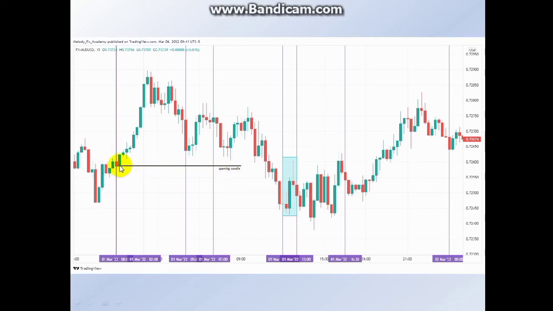Remember I said applying the power of 3, our bias is bullish, and we want to look for our bullish entry at the opening candle of the day. The candle that opens up the trading day, we want to look for our buy signals at the opening or below it. Okay, at the opening or below it.